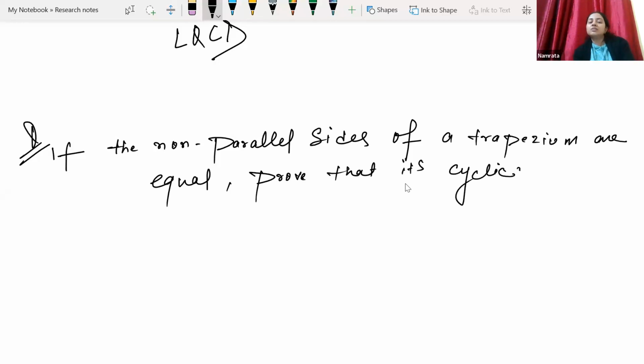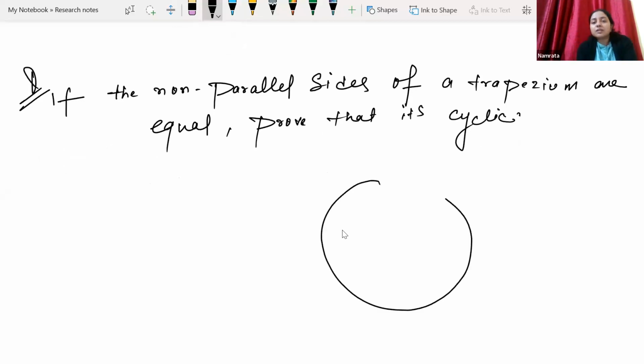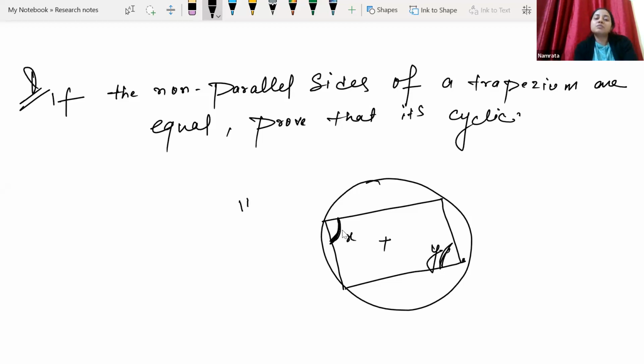Previously we were discussing cyclic quadrilaterals, and we discussed that a cyclic quadrilateral is such a quadrilateral where all four vertices lie on the circle. There was one theorem that the sum of opposite angles of a cyclic quadrilateral will always be 180 degrees.